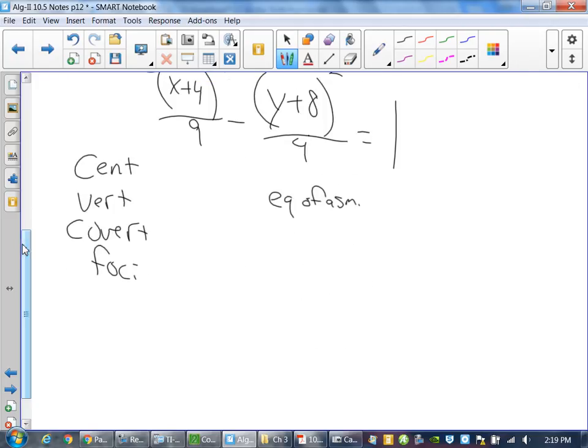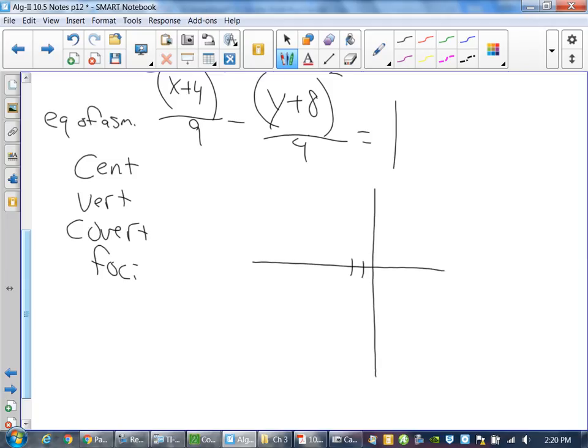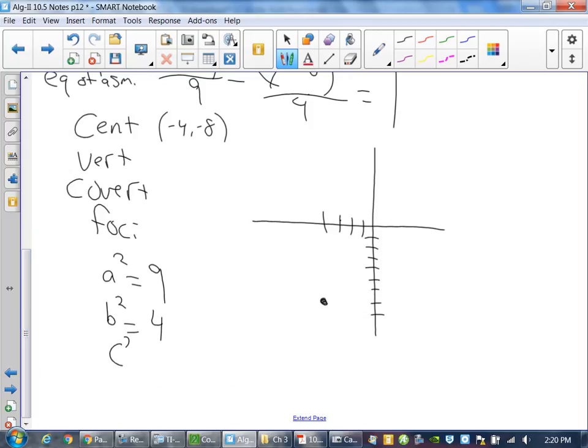So in this case, we had center at -4, -8. I have an a squared value of 9, a b squared value of 4, which means I have a c squared value of 13.